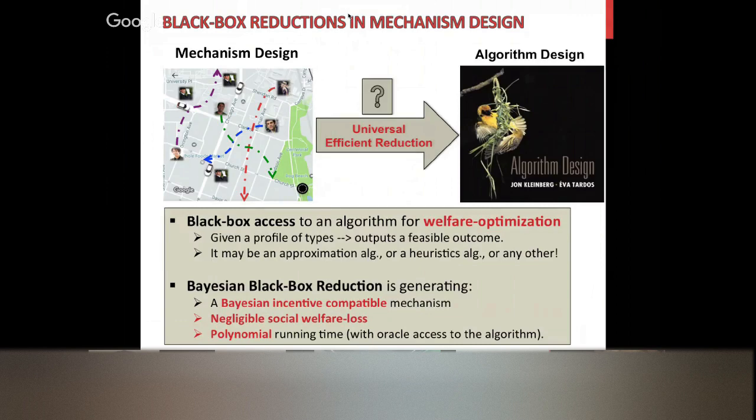Second, it has negligible welfare loss, meaning that the expected welfare that your mechanism gets is no less than the expected welfare of the algorithm by more than an additive epsilon. So you're not going to lose more than epsilon in the welfare. And third, the reduction in this computational model is polynomial, meaning that the number of queries you make to the allocation algorithm plus any extra computation you need is polynomial time as a function of n and 1 over epsilon.